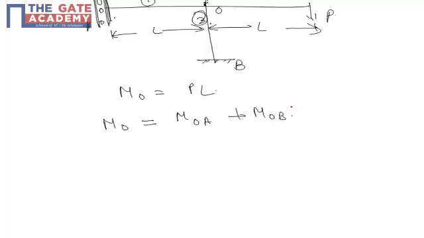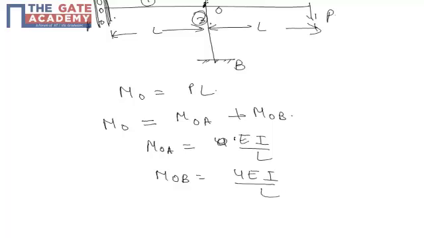Now going back to the basics, we know that for one end pinned and another having a roller guide, MOA will be EI by L only, and MOB will be 4 EI by L. Had this been a pinned support, this member would have carried the equivalent moment of stiffness multiplied by theta, if theta is the joint rotation, since these are the stiffnesses.